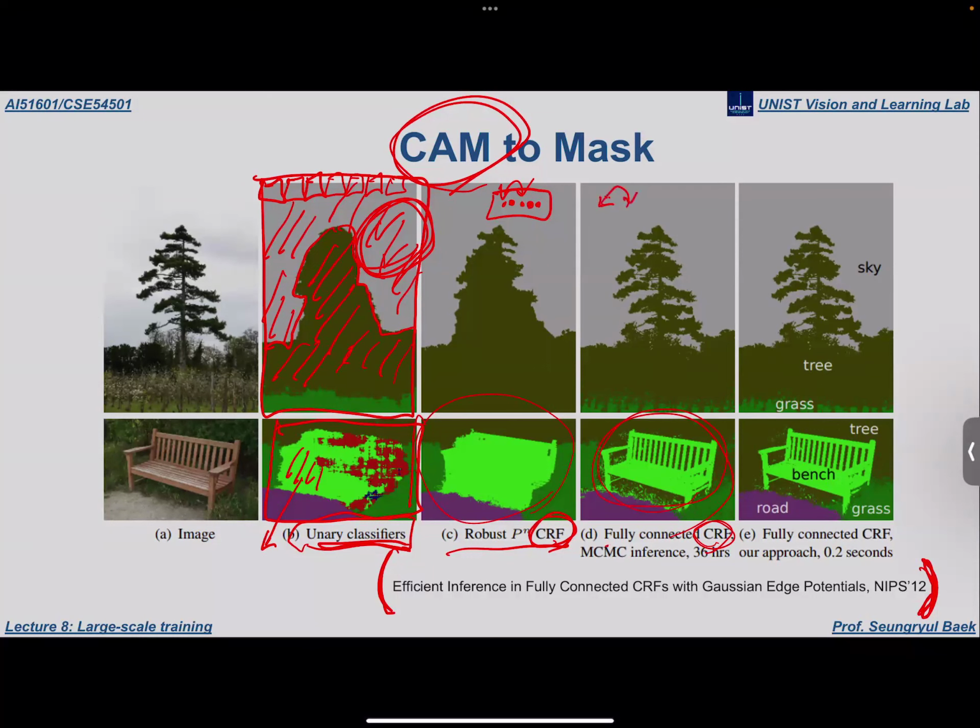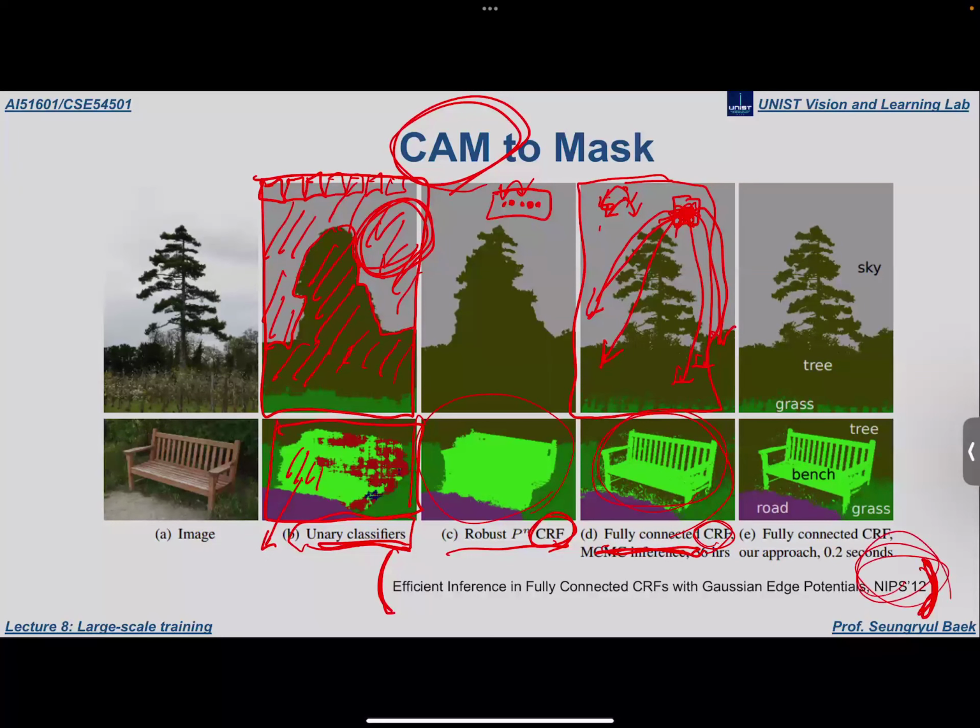How many nearby pixels we look at depends on the complexity. If we see only 8 pixels near this center pixel, then the time complexity is less, but the accuracy could be limited. But fully connected CRF means they will see all the relationships between these pixels. For this center pixel, they will consider all the relationships between this pixel and all the pixels in the image.